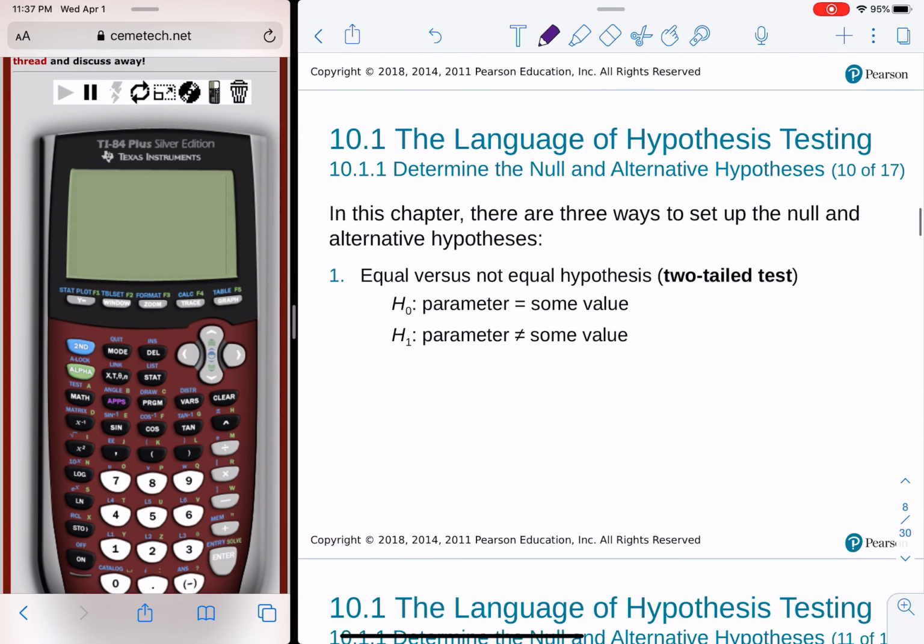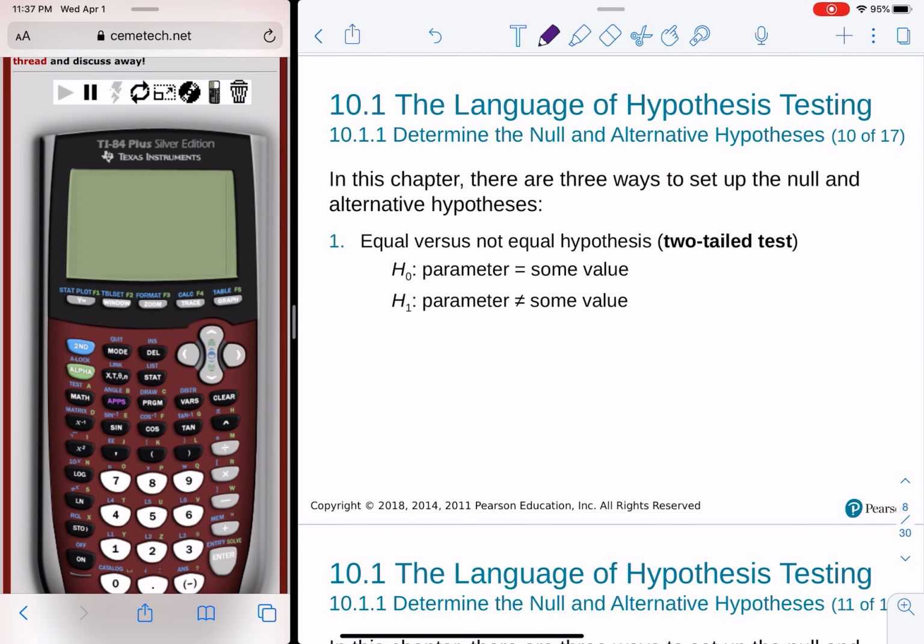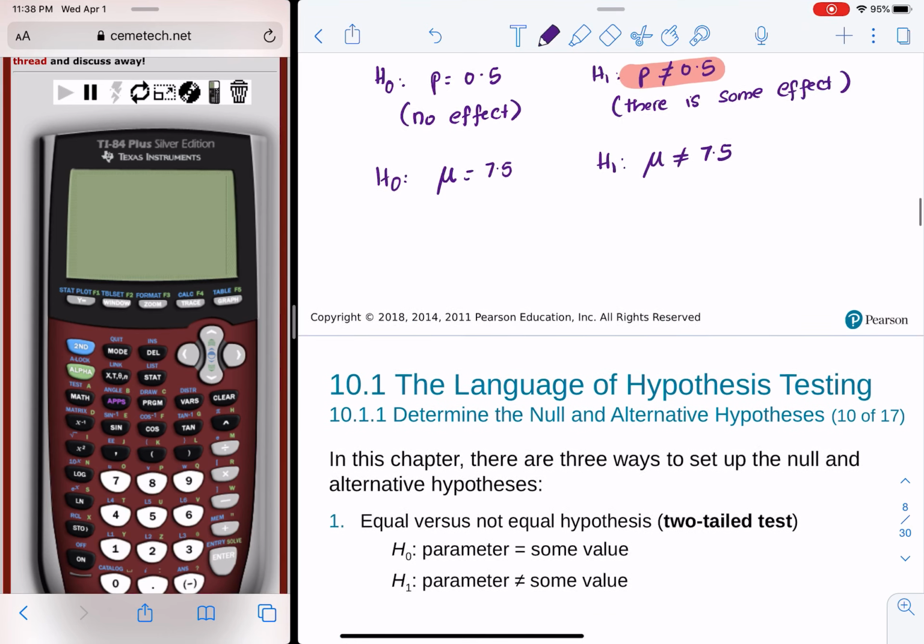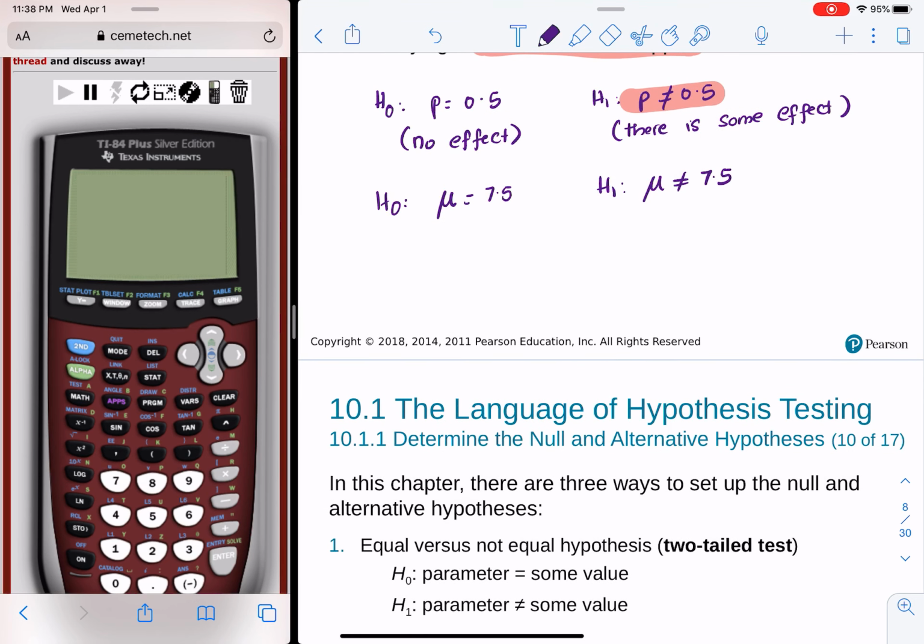So there are three different ways in which we could set up the null and the alternative hypothesis. Now, before I get into that, that entire statement, like we wrote, is what we call the definition of the hypothesis, or the initial statement of the parameter.